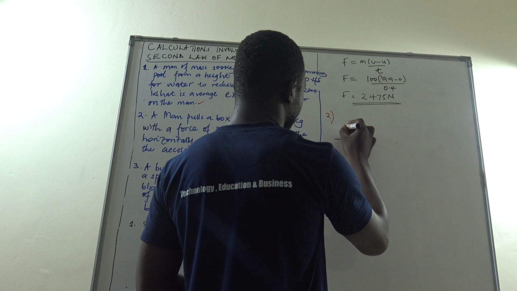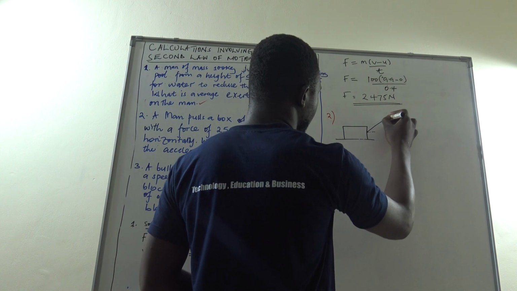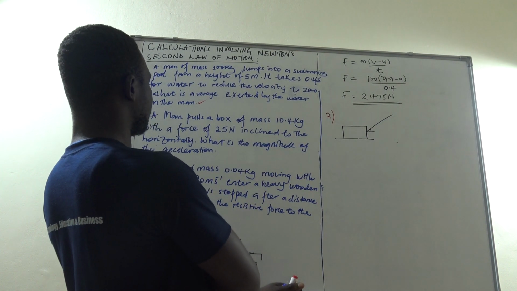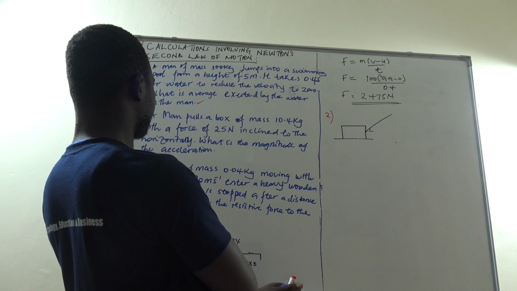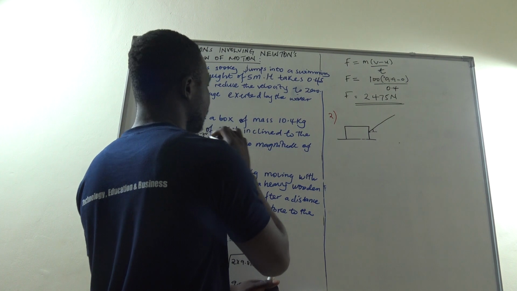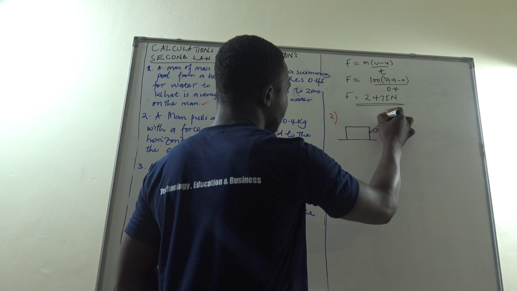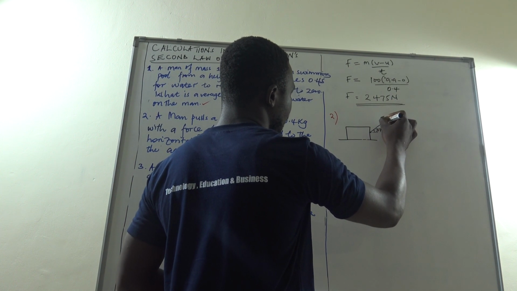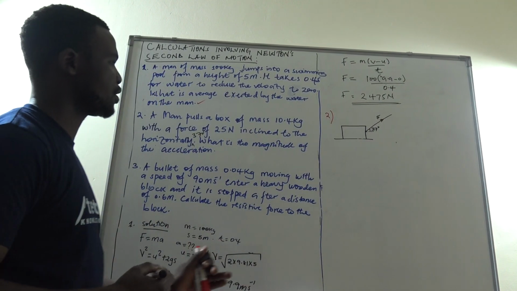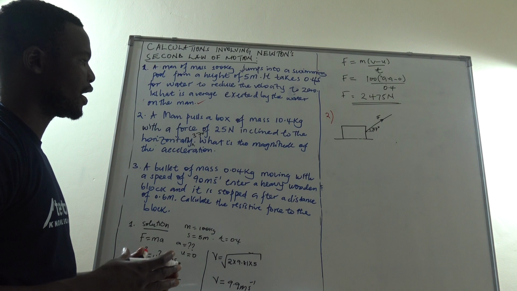If this is the horizontal ground and this box is being pulled at an angle of 37 degrees, our force is along there. The man is pulling this body.